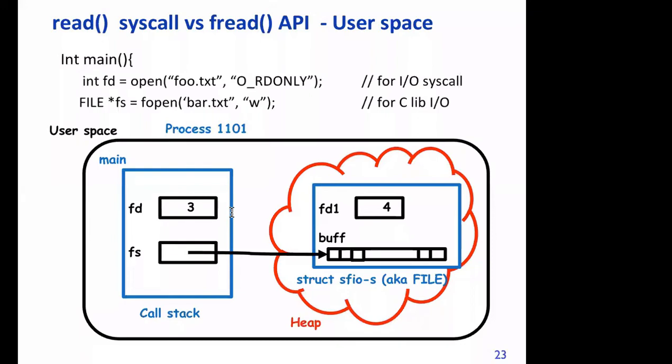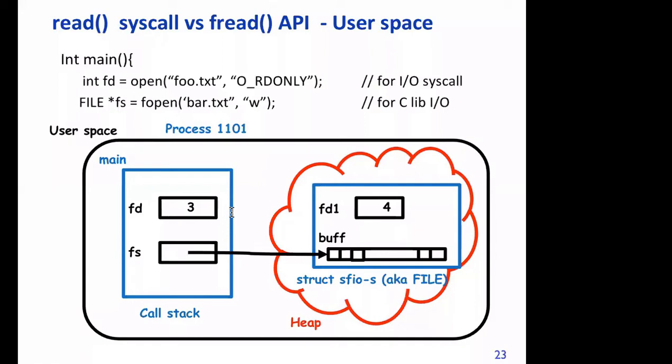What we get here as a result of this will be a pointer which will point to a buffer. Now this buffer will be created in user space and can only be part of the heap, or maybe by design it's made to be part of the heap.